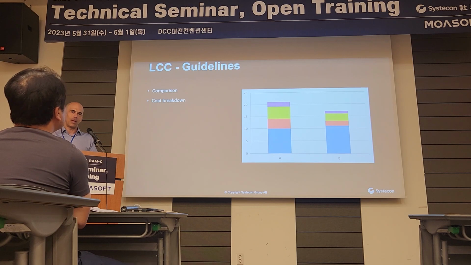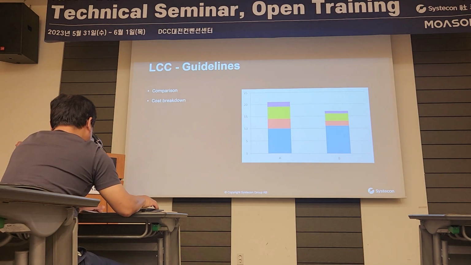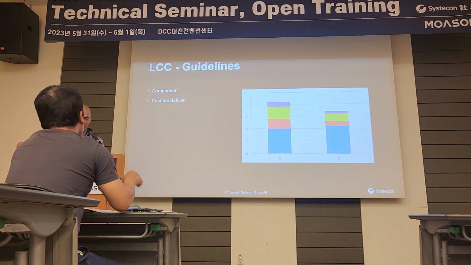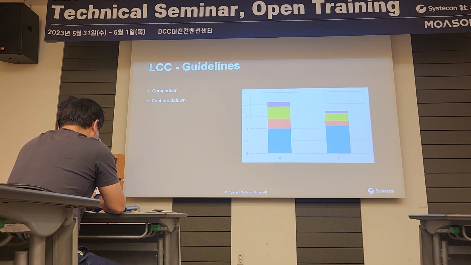And probably you will see that alternative B is much cheaper, yes, because they are only promising 60% availability. So make sure you get the right level of comparison, and then you can see the cost breakdown. What are the elements that stand out? What are the differences between the alternatives?